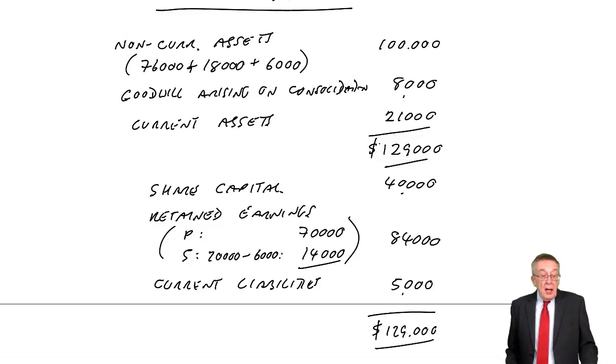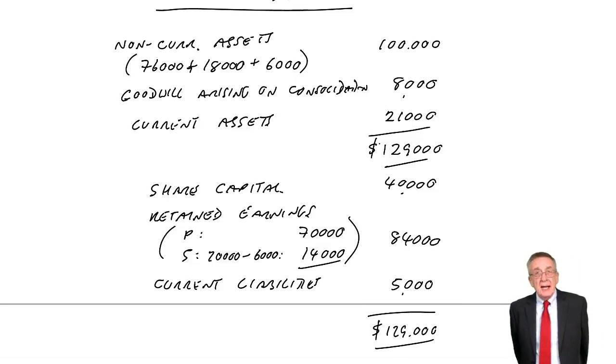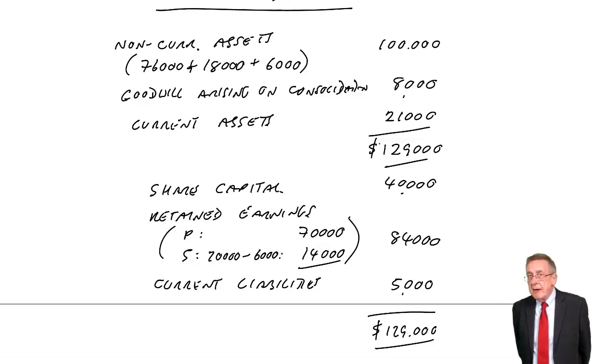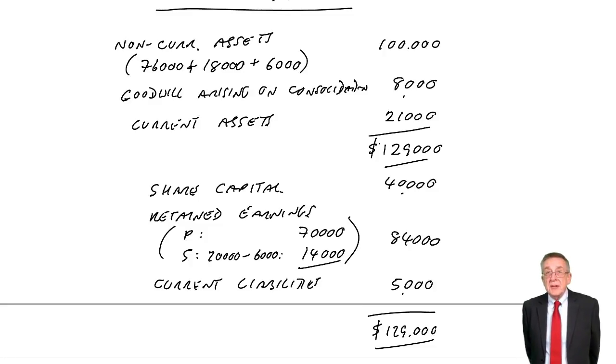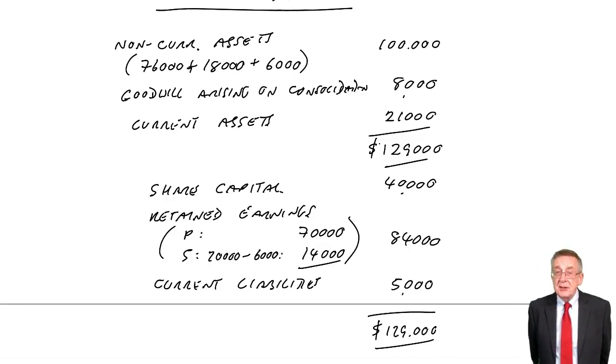All right, well, although that's the end of this chapter. The reason we're going to carry on in the next chapter is there's one other very big problem. In every example we've done, in all 4 of those examples, P owned 100% of S, the subsidiary.